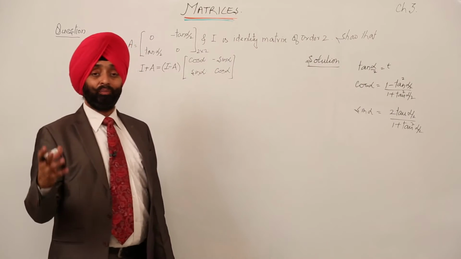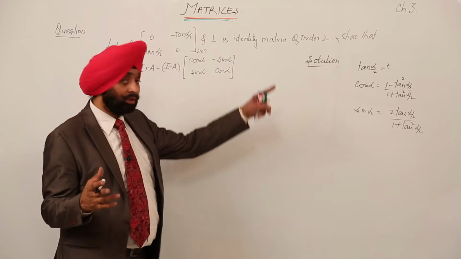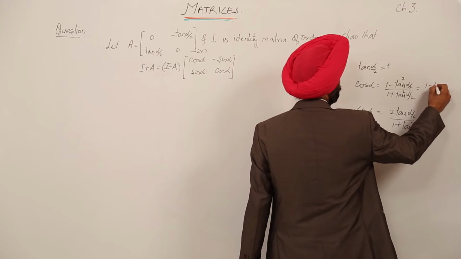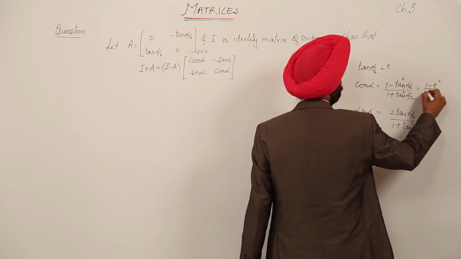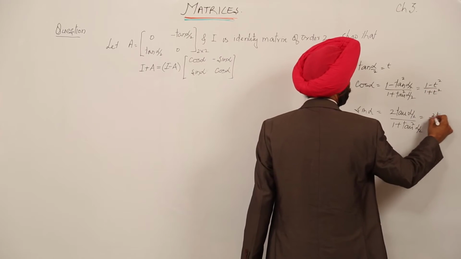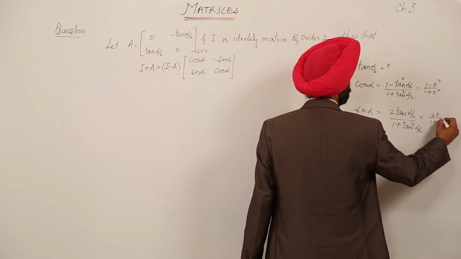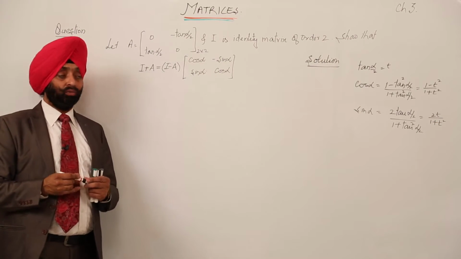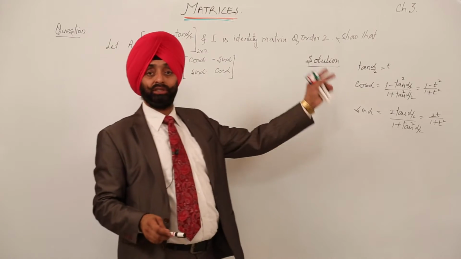Now what we have put for tan alpha by 2? It was t. So cos alpha is equal to 1 minus t square upon 1 plus t square, and sin alpha becomes 2t upon 1 plus t square. So in place of cos alpha and sin alpha, we are going to change these terms.